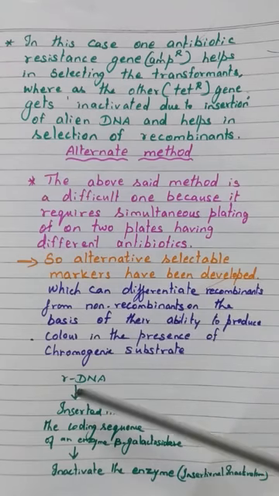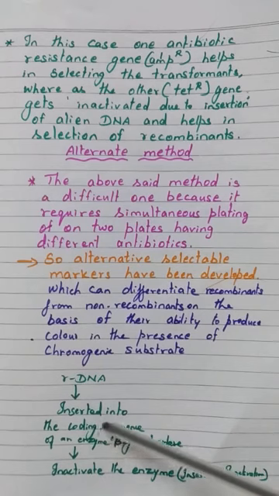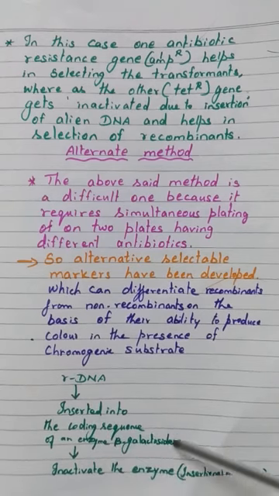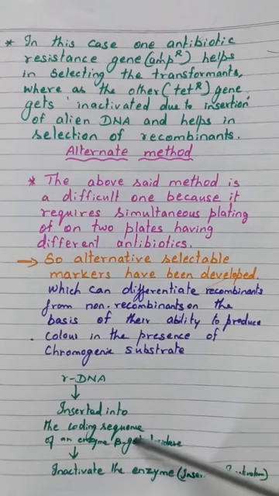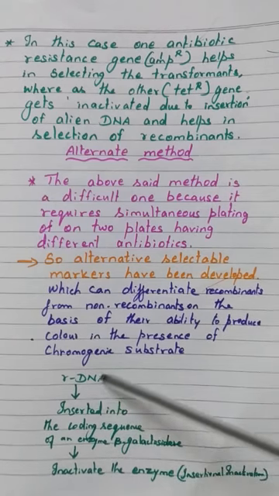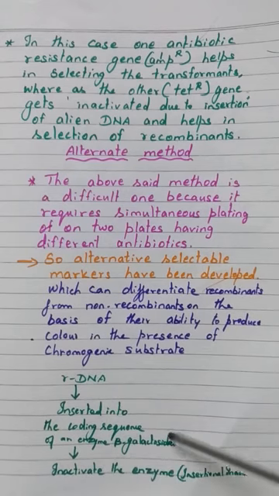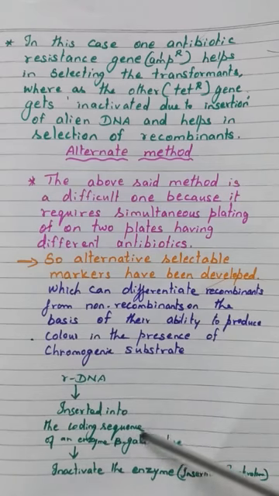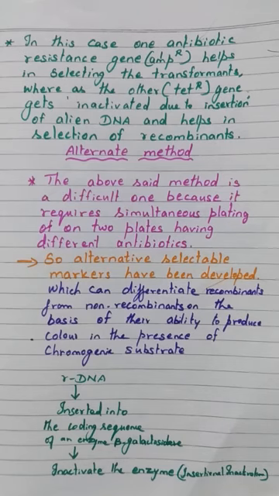But when we introduce this rDNA into the coding sequence of the enzyme beta galactosidase, this beta galactosidase will become inactive. Due to insertion of rDNA, the beta galactosidase will lose its power to produce color with the chromogenic substance.